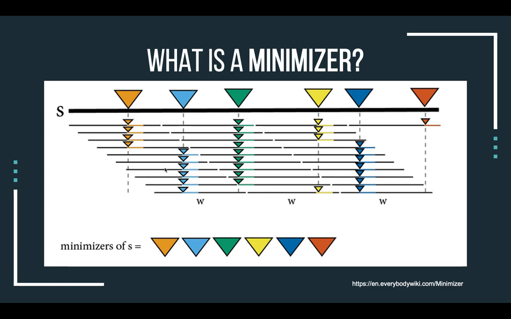A minimizer is a k-mer that can represent a sequence based on a function that is known as the hashing function. That is defined within the algorithm. As is seen here in this example, we have the sequence S, and we first break it into smaller windows, W. For each window, we pick all the k-mers, and for each k-mer, we apply this function that we define, and then we select the k-mers that got the lowest values of this function.